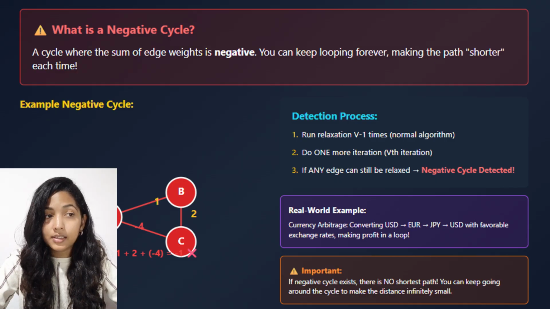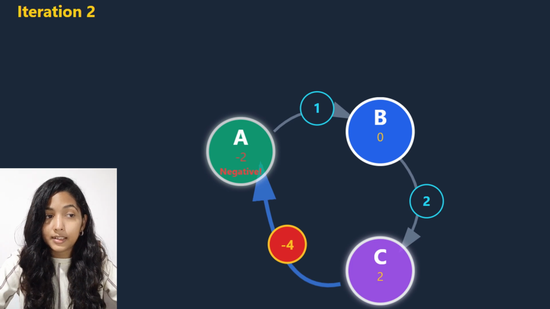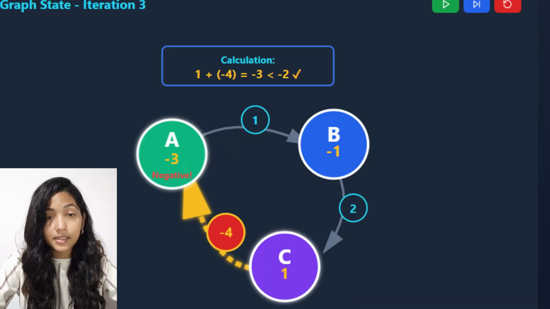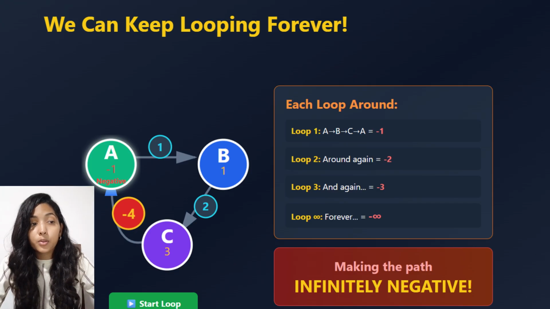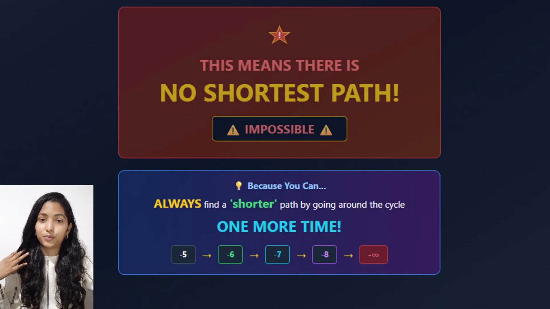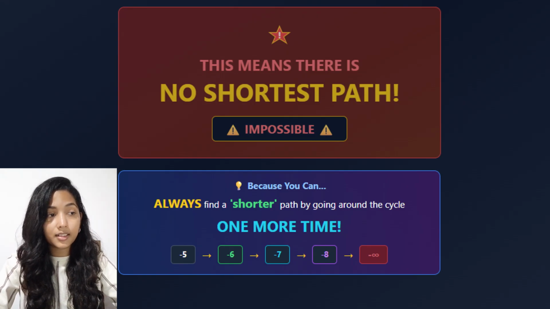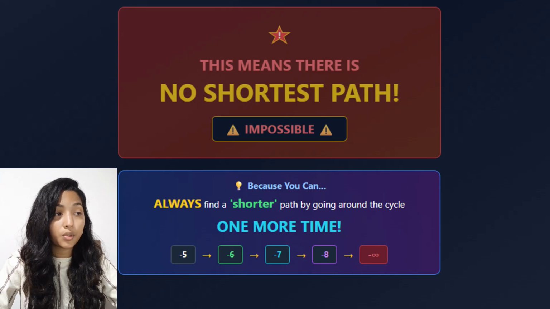Go around once, -1, go around twice, -2, go around 3 times, -3. We can keep looping forever, making the path infinitely negative. This means there's no shortest path. You can always find a shorter one by going around the cycle one more time.